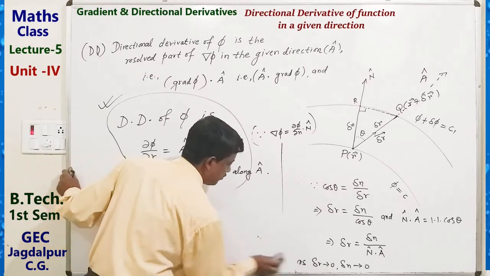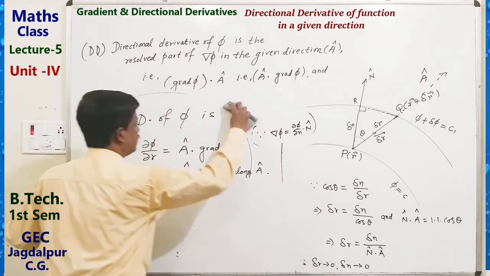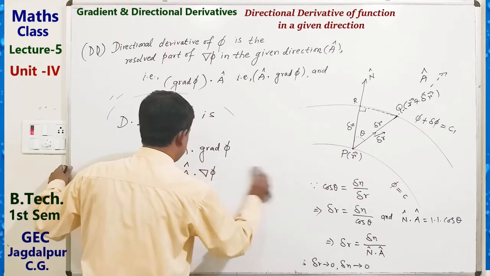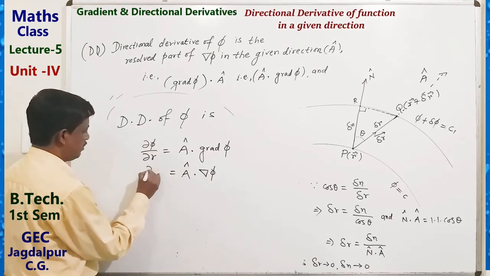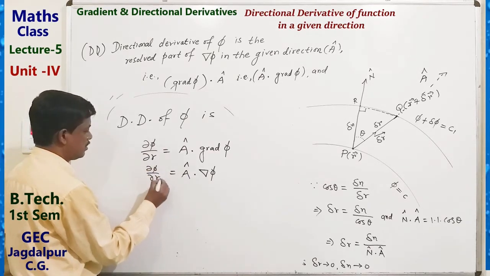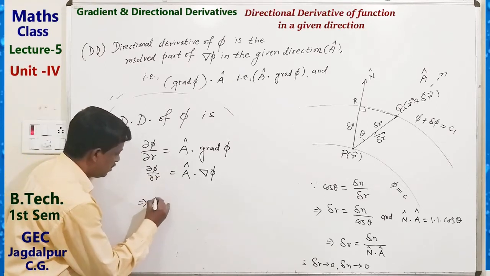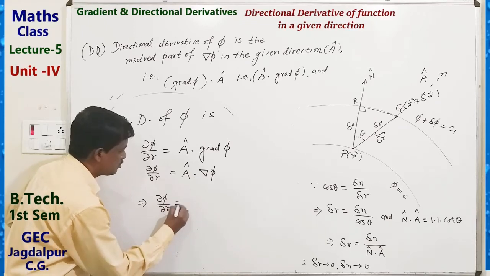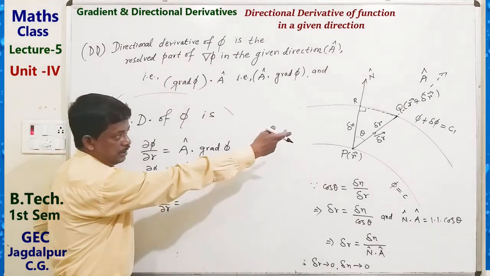Just see one more important result here. Take del phi by del r equals this, theta.